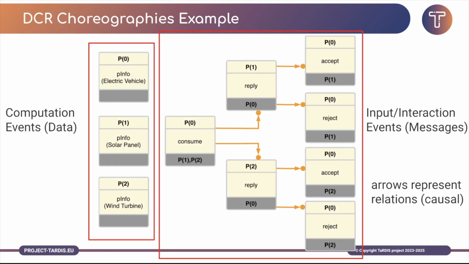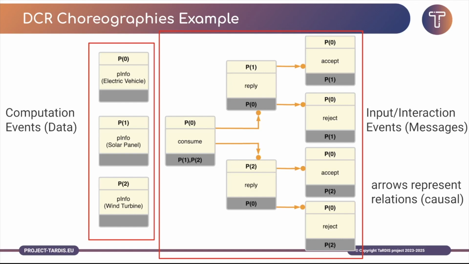We can see, for example, in the computation events, we only have P0, P1, and P2 listed on the top of each one of the events, and they do not have anything listed on the bottom side of the box, which means they are local to each one of the participants. On the other side, we have a consume event that goes from P0 to P1 and P2. P1 and P2 are listed at the bottom of the box in the choreography. This means a message is sent from P0 to P1 and P2.